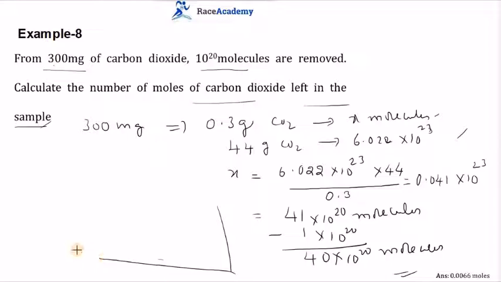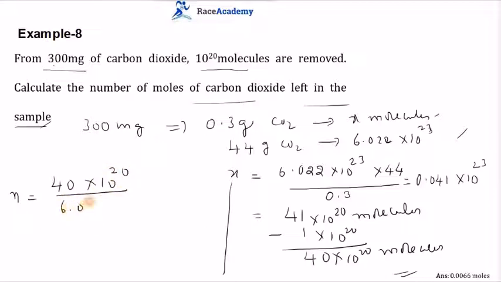Now let us see what is the actual number of moles. How to find the number of moles? Number of moles is equal to the number of molecules we obtained divided by Avogadro number. Avogadro number is 6.022 into 10 to the power of 23.